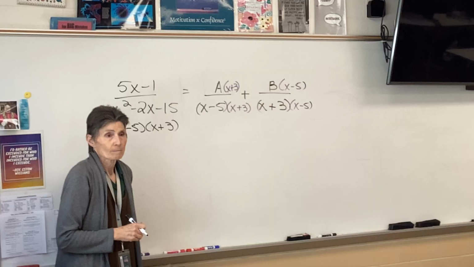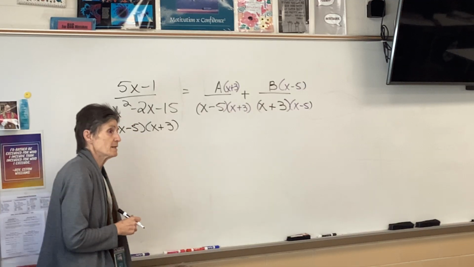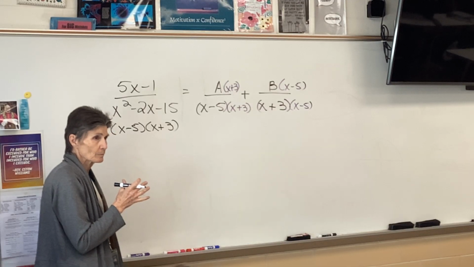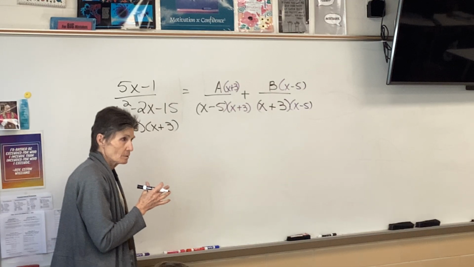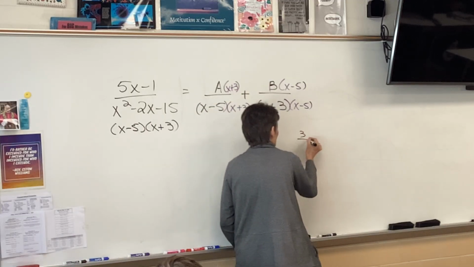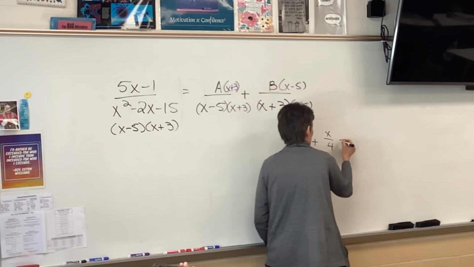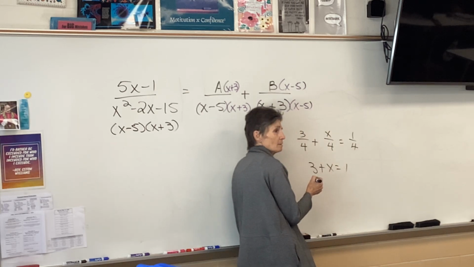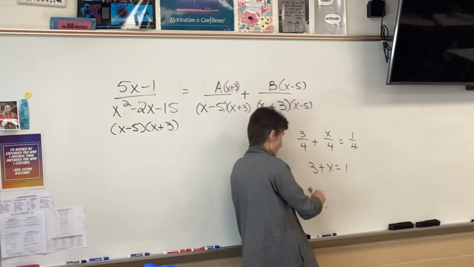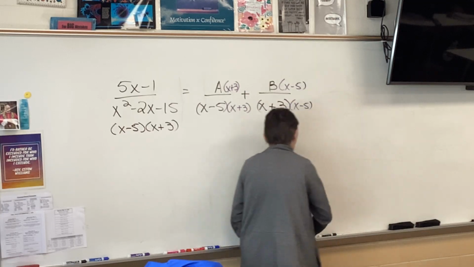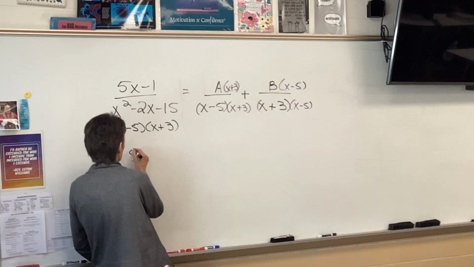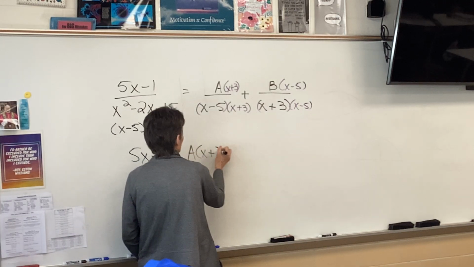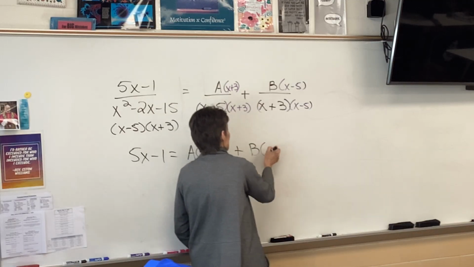Yeah. And I know that if the denominators are all the same, I can drop them. Right, think about that. If you have 3/4 plus x over 4 equals 1 over 4, doesn't that mean 3 plus x equals 1? Times by 4? Okay. So I'm gonna go ahead and write my new equation now with no denominator. So 5x minus 1 equals a times x plus 3 plus b times x minus 5.